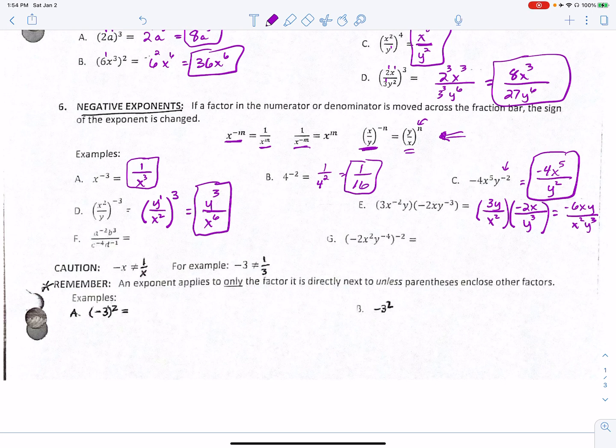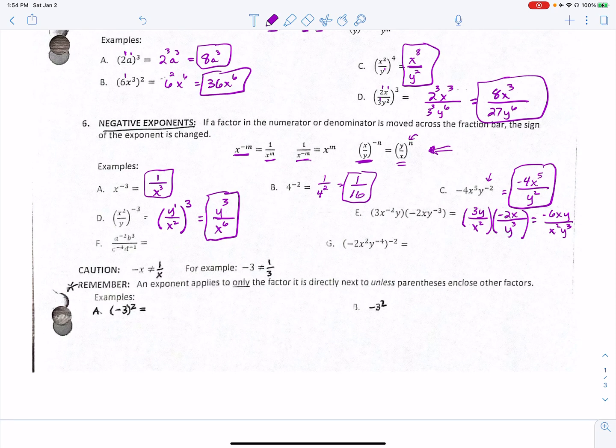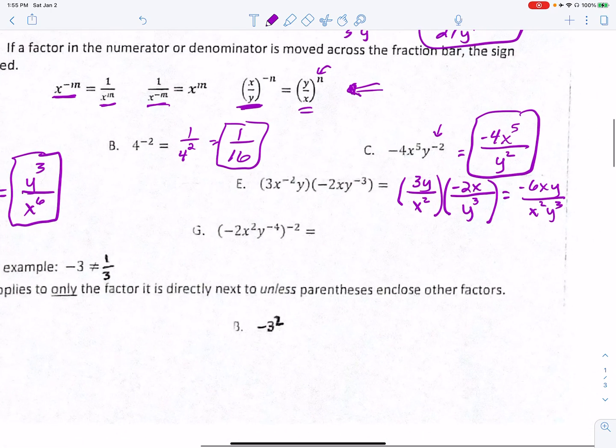And when you are working with these, when you have like bases, you subtract the exponents. So we have a negative 6x to the, that's 1 minus 2, and y to the, so 1 minus 3.